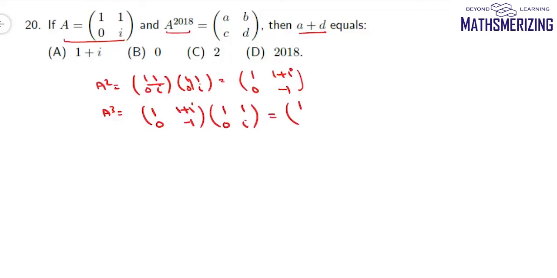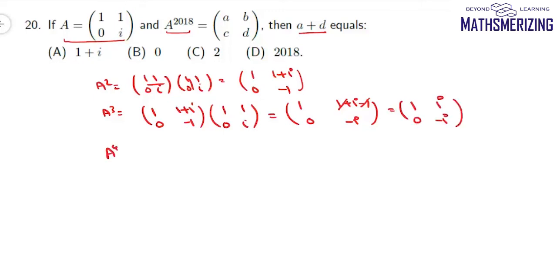So this is 1, and this is 1 plus i minus 1, which is simply i, and this is 0, and here will be simply minus i. So it is [1, i; 0, minus i].